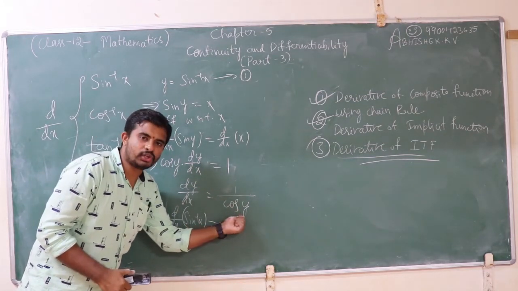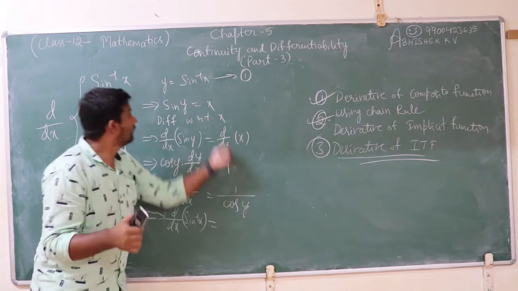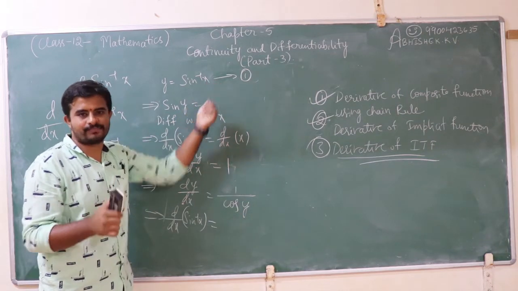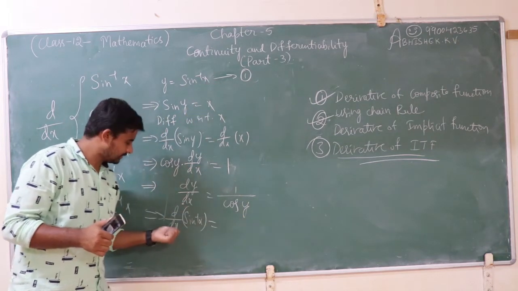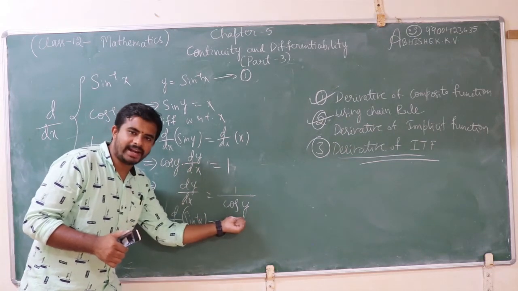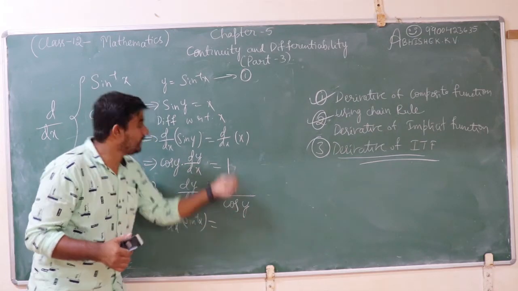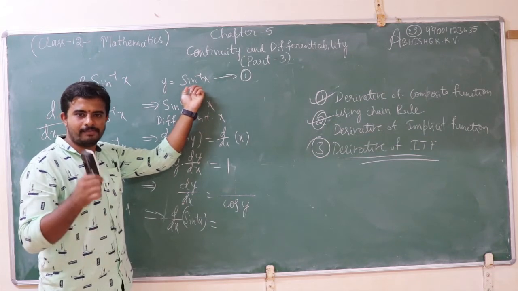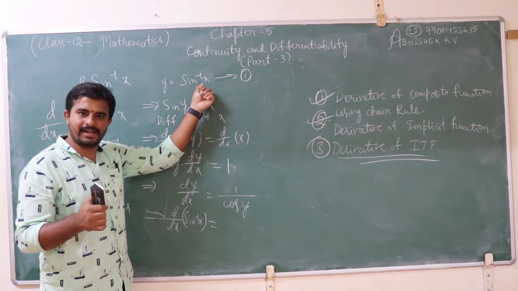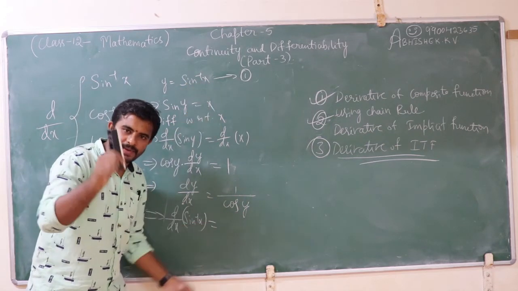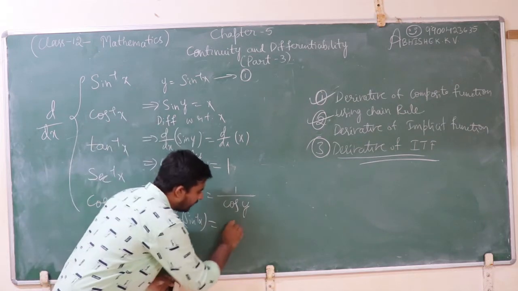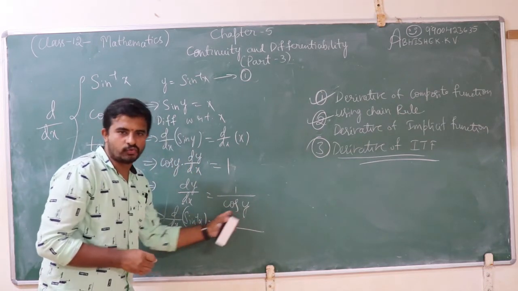The result should be in the form of x. The resultant of this derivative should contain the variable x. Why? The given function is of the form sin inverse x, which has the variable x, so the result should be in x only. So how can we do that?